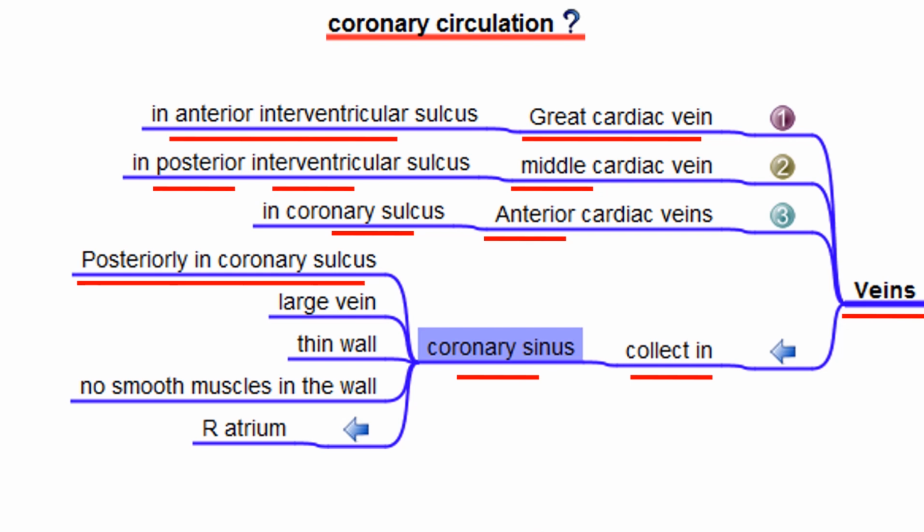I look for it in the posterior coronary sulcus, as we saw when we looked at the posterior surface of the heart. Is it a large or a small vein? It's a large vein, and it is thin-walled, with no smooth muscle in its wall, and it ends up in the right atrium along with the superior and inferior vena cava.